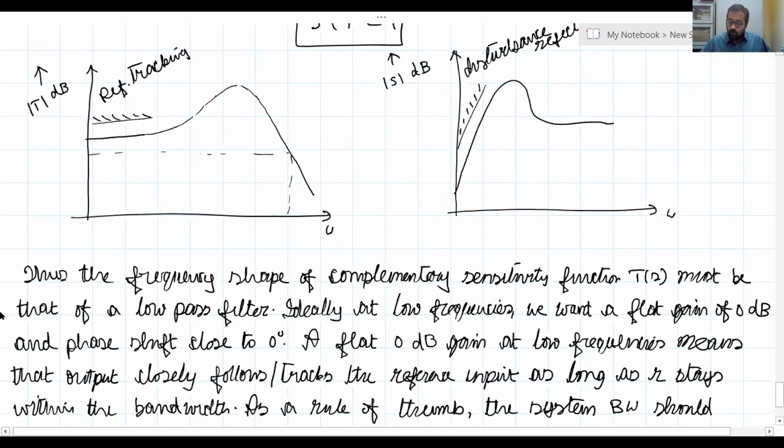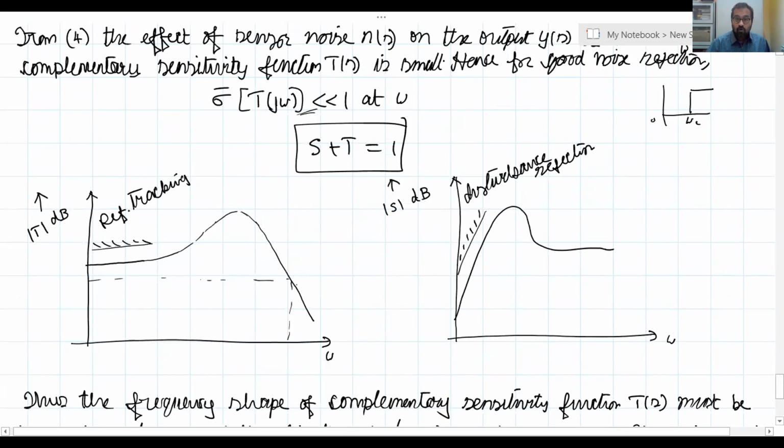Then the slope at this high frequency region is called the roll-off rate.